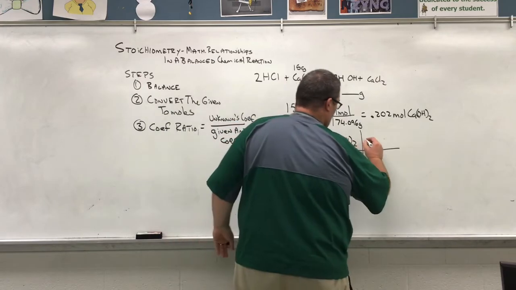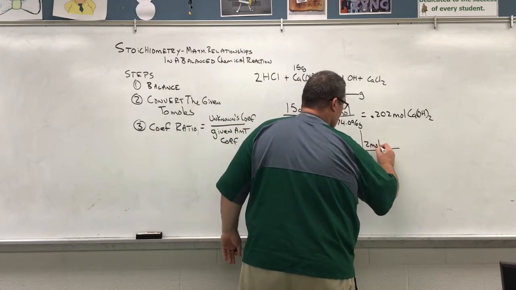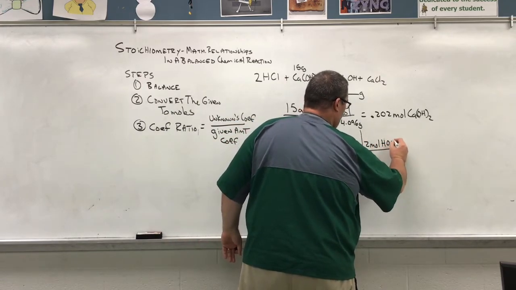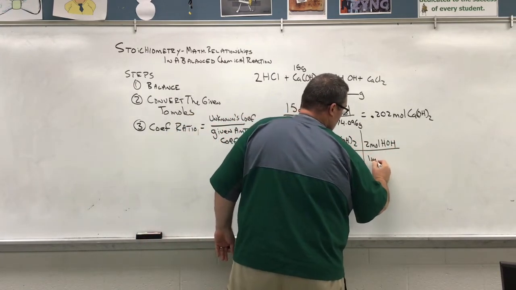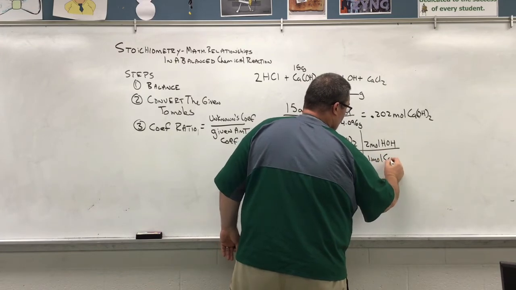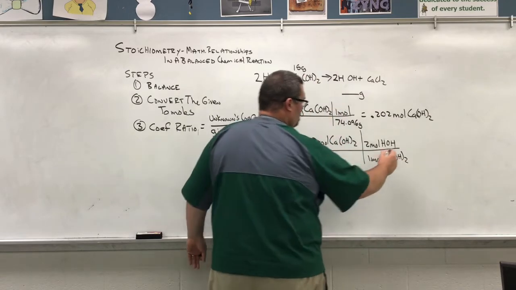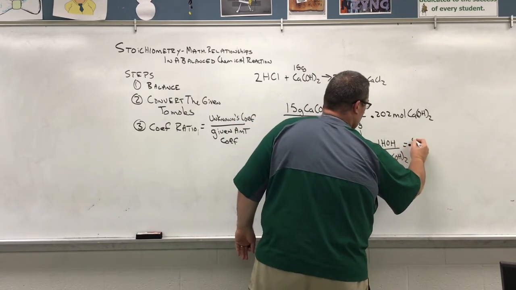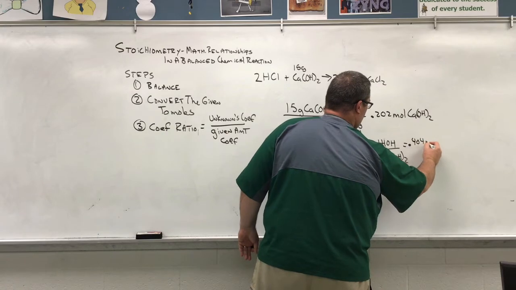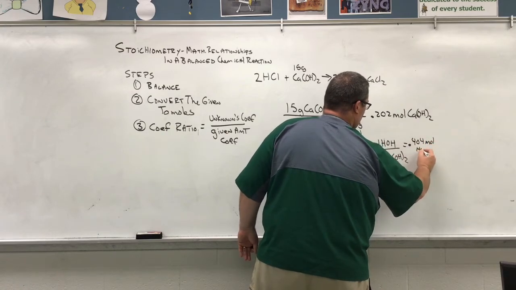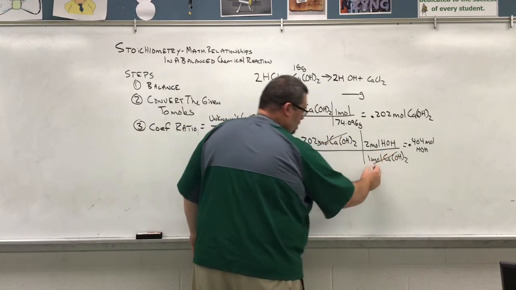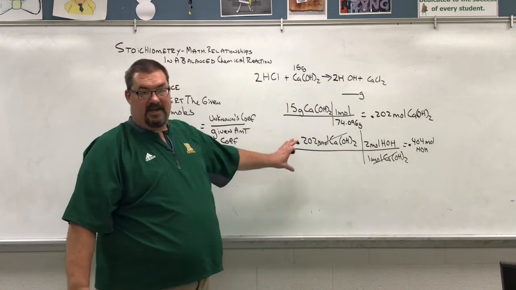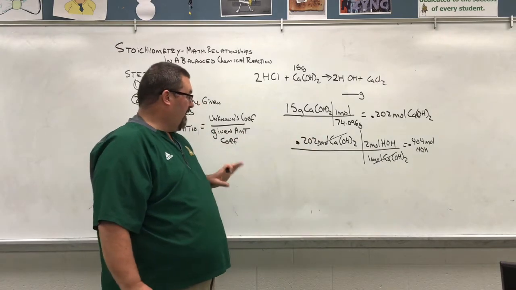I have a ratio of 2 moles of HOH to 1 mole of calcium hydroxide. And you see how moles of calcium hydroxide can cancel out. So that's why we do that step.